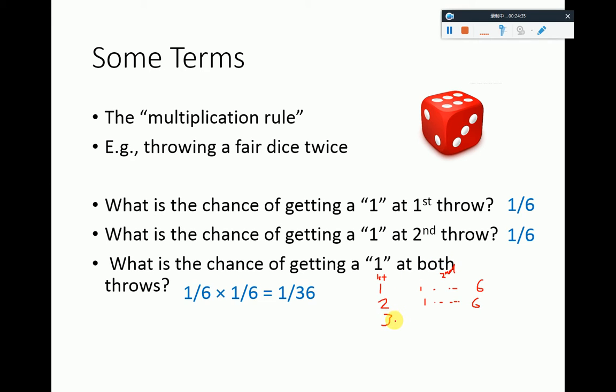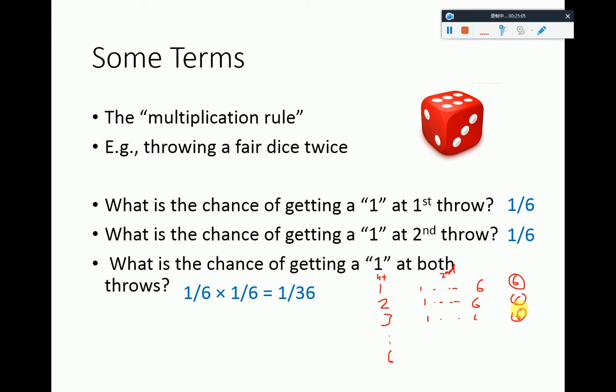So if you get a 3 at the first throw, then again, it's equally likely to get 1, 2, 3, 4, 5, or 6 at the second throw. So there are 6 values at the first throw. That means here you will have 6 possible combinations: 1,1, 1,2, 1,3, 1,4, 1,5, 1,6.